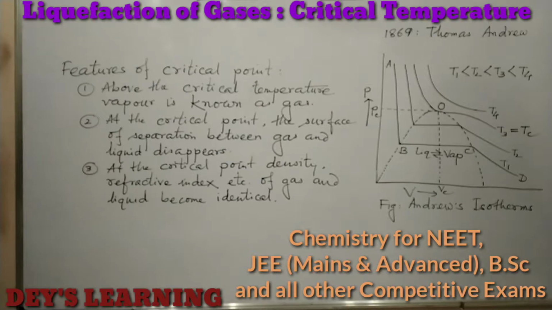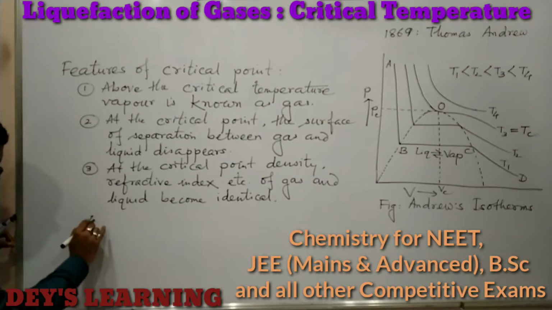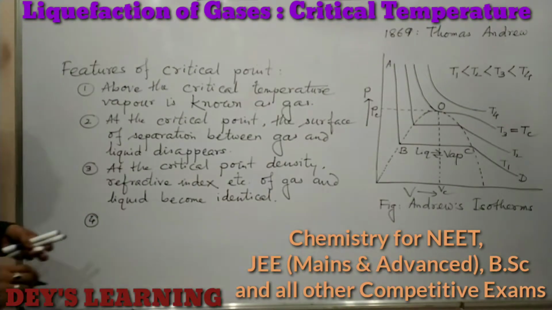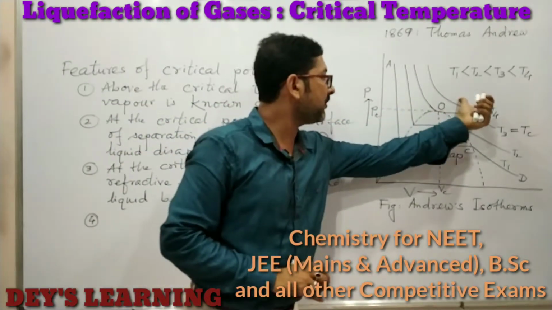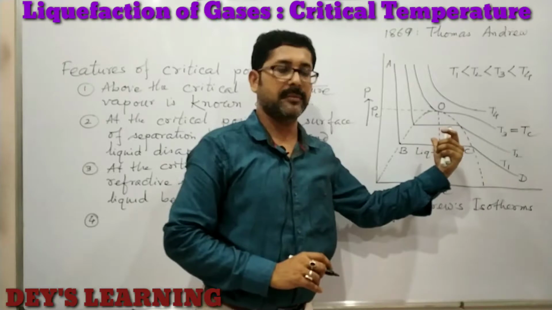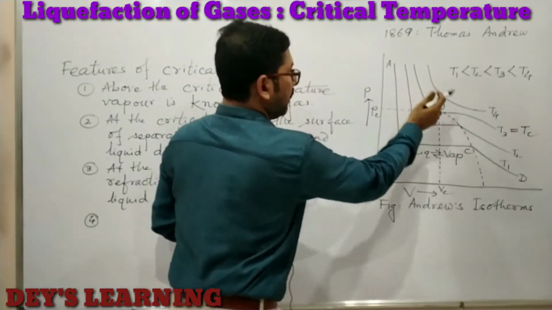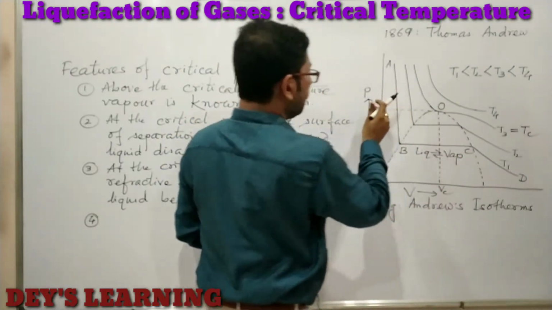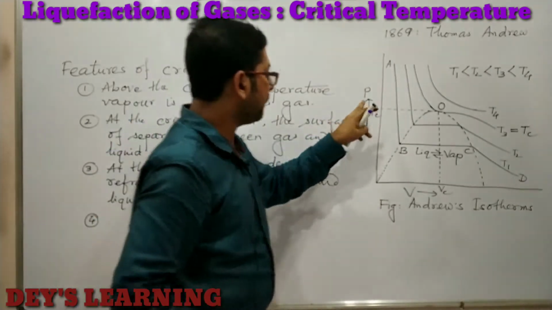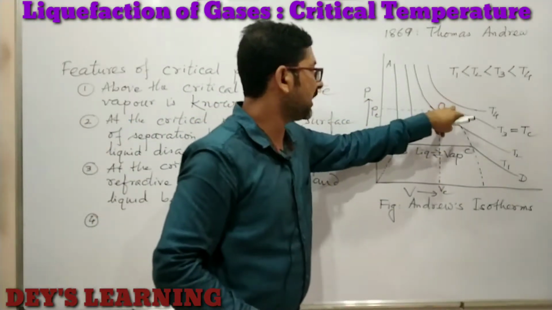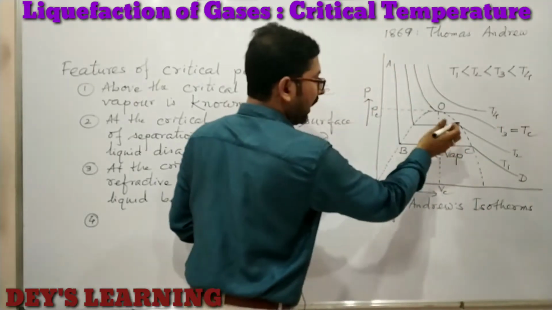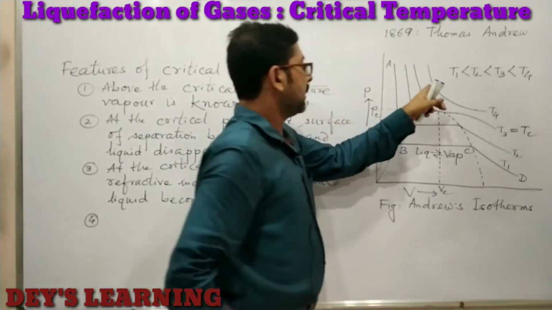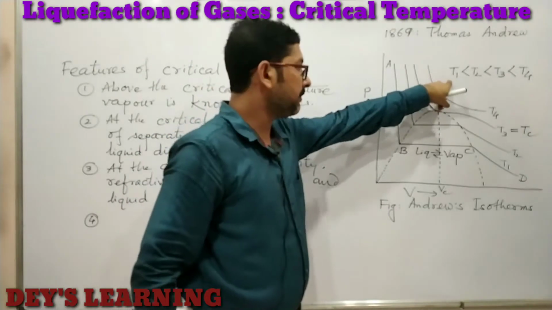Okay. Our next point: above the critical temperature, a gas can't be transformed into liquid, because for gases the PV graph is like a rectangular hyperbola, and above the temperature Tc, the gas phase exists.